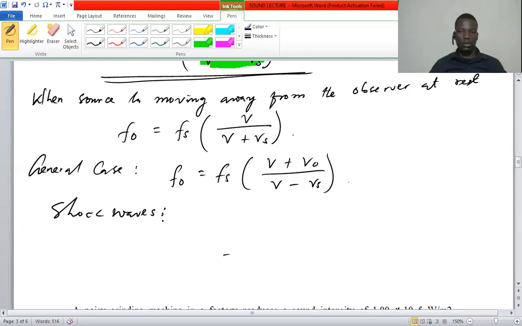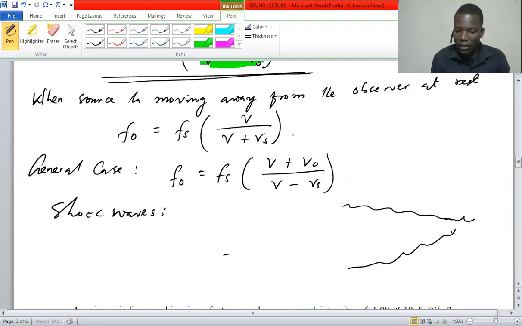Okay, that's when you produce a shock wave. For example, we have a boat. When you have a boat on the river, you're cruising at a high speed. What's going to happen is that as you're cruising on the water, you will be leaving something like this, and this is the boat that is going in this direction.